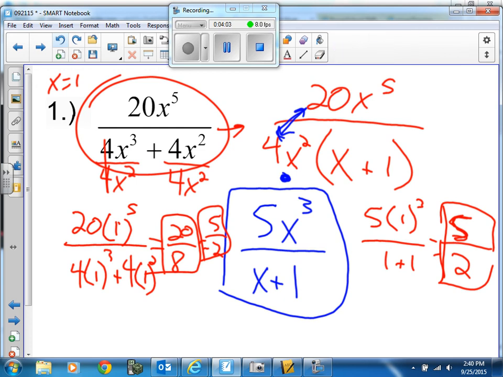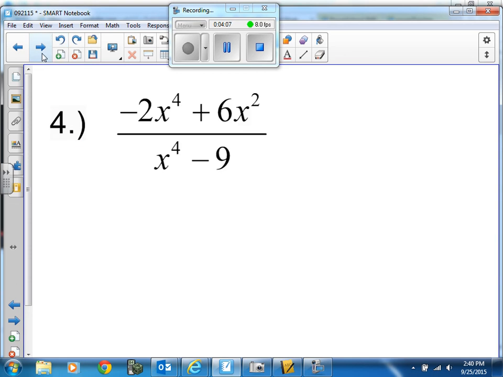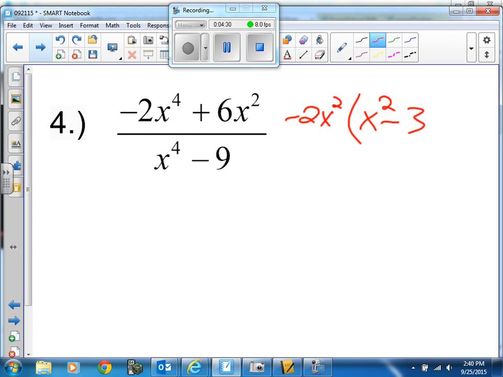All right, let's move on to the next one. Again, I look at the top here, and I can bring out a -2. And I can also bring out an x squared. And I'm left with x squared minus 3. All right, x squared minus 3.